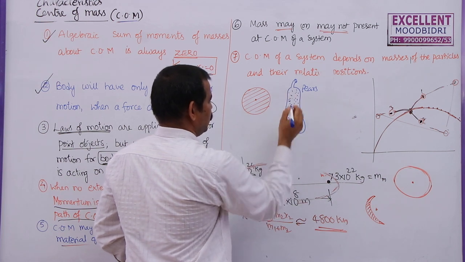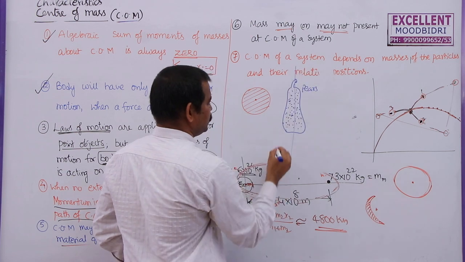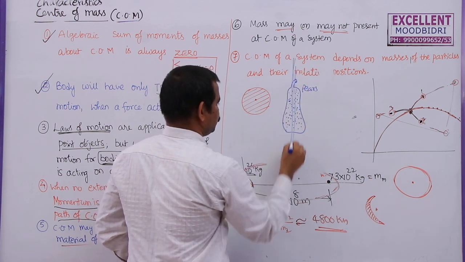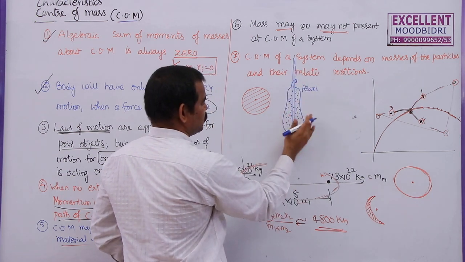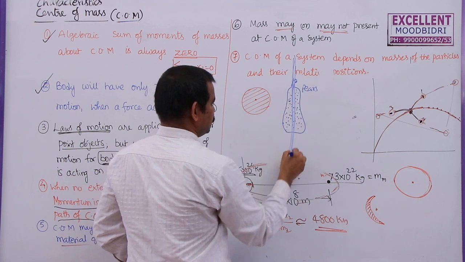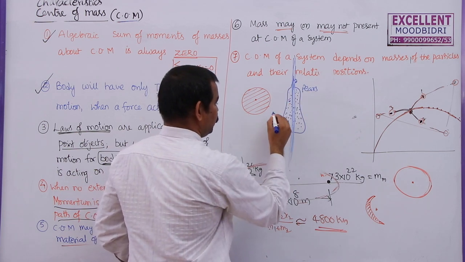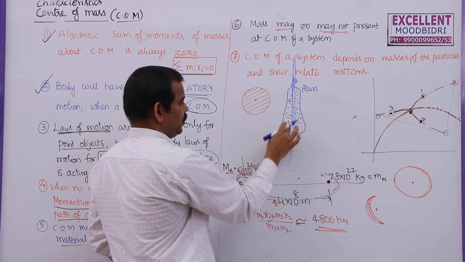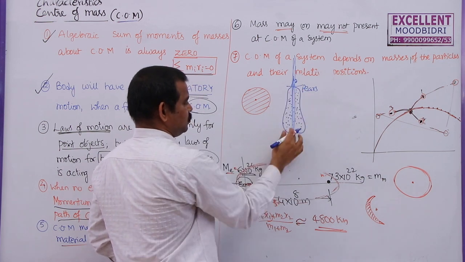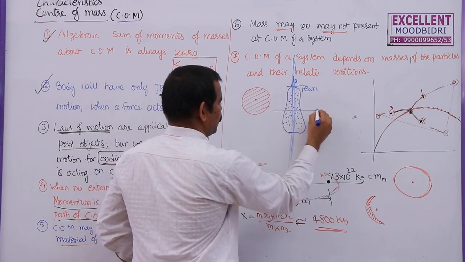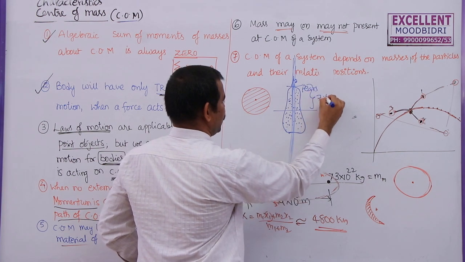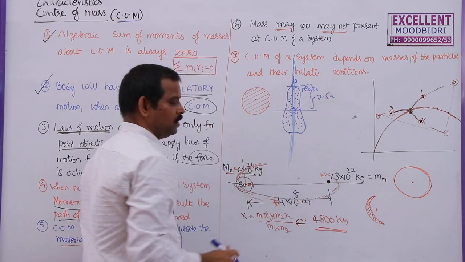So here we can see that if you divide into two pieces along this path, this portion is almost similar, that means center of mass will lie along this line. But if you divide according to length, let us say from here to here the length is 15 centimeters, and you draw a line at 7.5 centimeters, this is not the center of mass. Why?